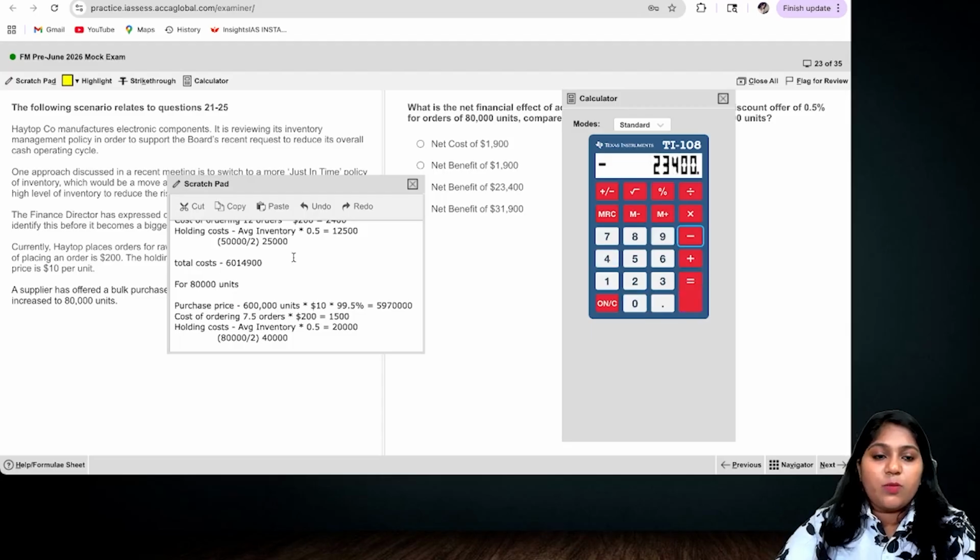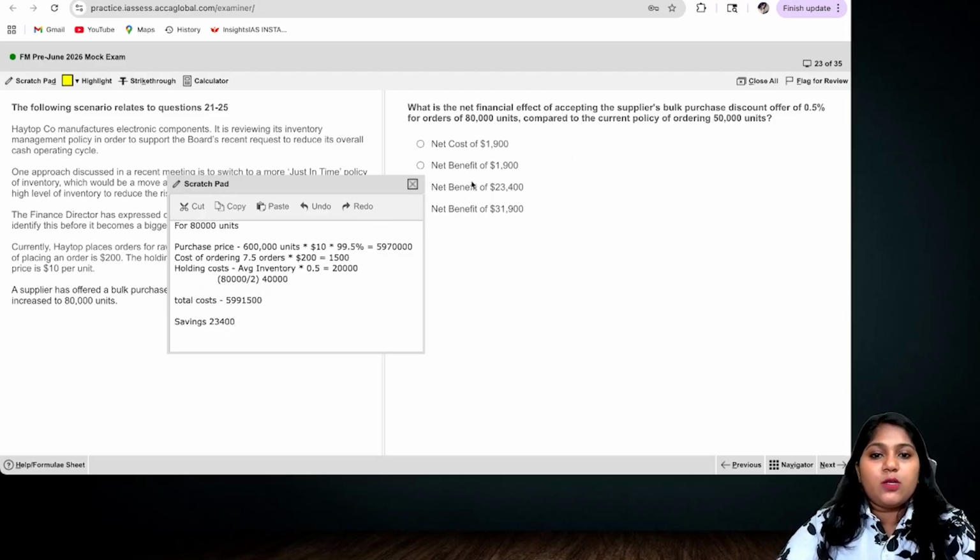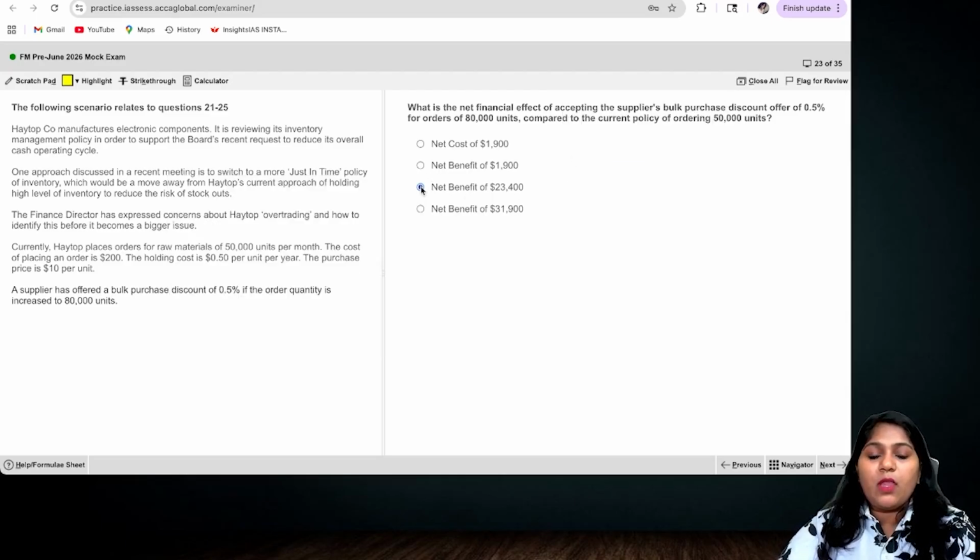You're saving how much? A net benefit of 23,400. So the answer for this question has to be simply option C, net benefit of 23,400. Right? So the option is option C. I hope all of you guys are clear on this question too.